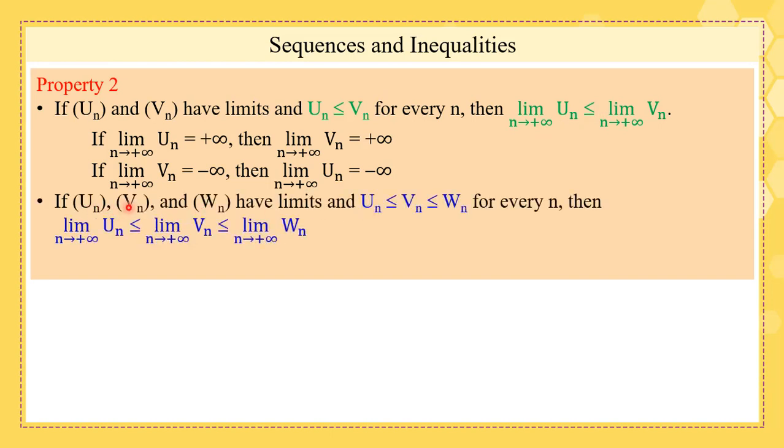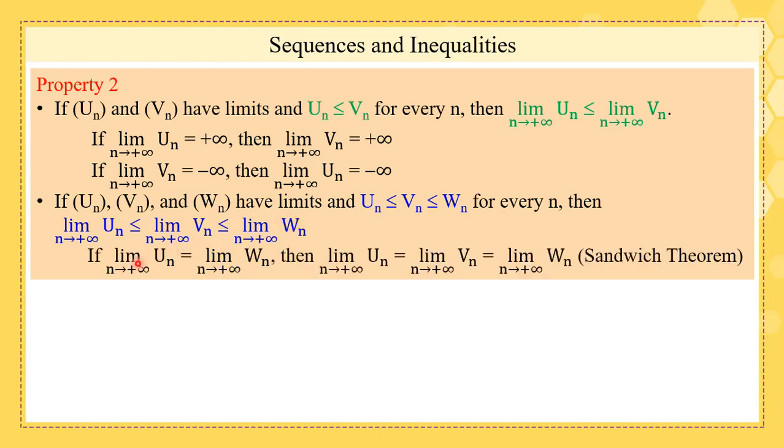Now, if Un, Vn, and Wn are 3 sequences that have limits, and Un is smaller than or equal to Vn, smaller than or equal to Wn for every n, we can say that the limit of Un is less than or equal to the limit of Vn, less than or equal to the limit of Wn.